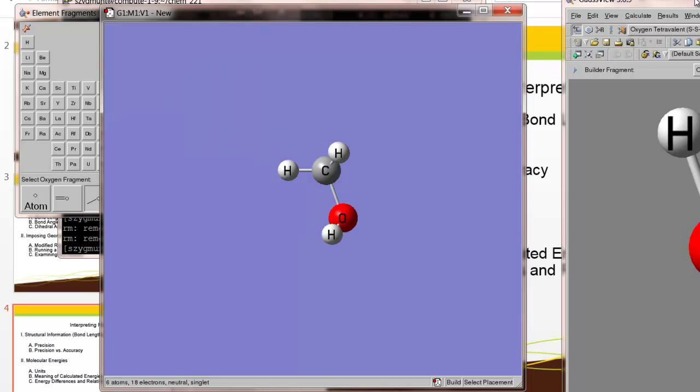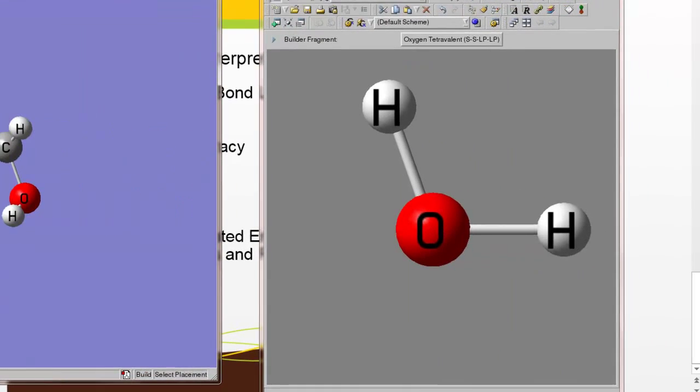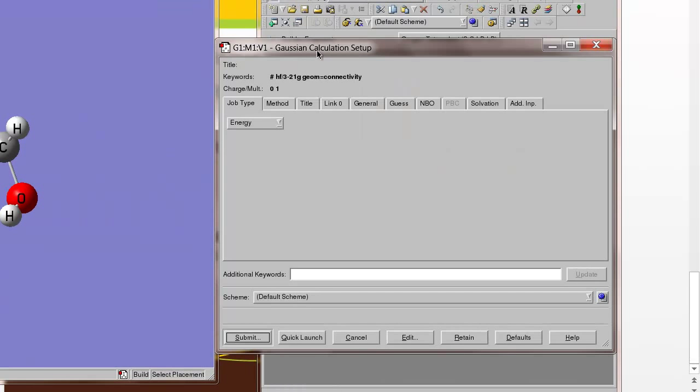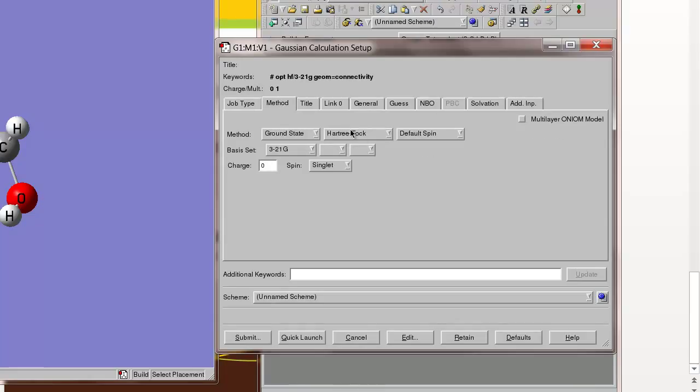And so we will think of this as our first trial calculation, and we'll just quickly set this up to be an optimization problem. The method, we'll use the default method, which is the Hartree-Fock method of quantum mechanics with the 3-21G basis set.